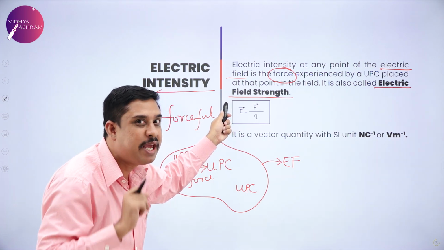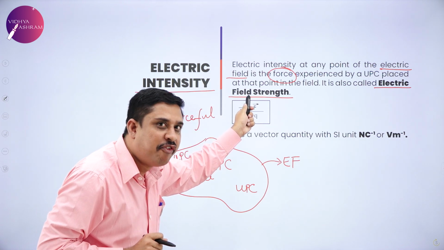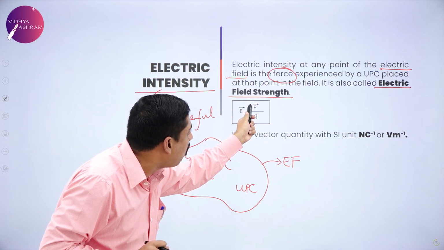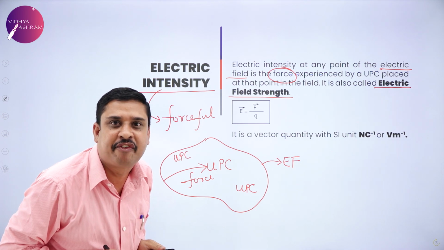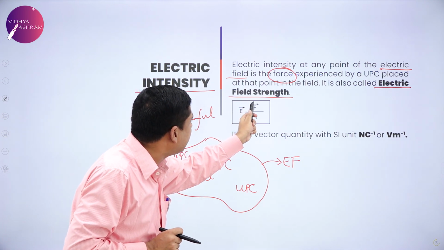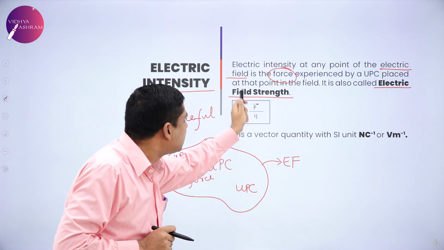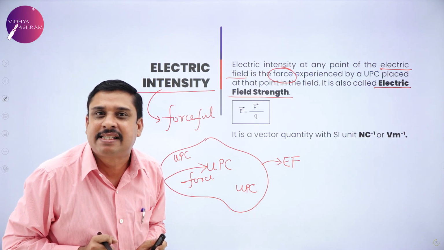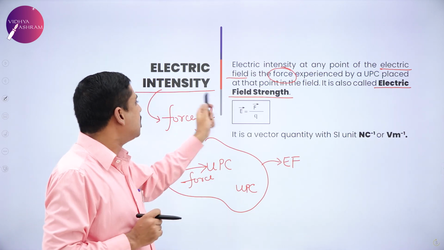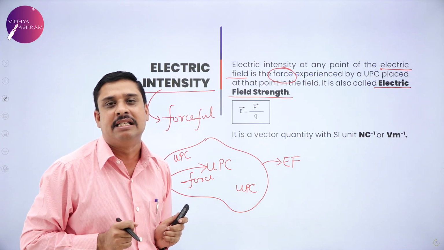So it has to be a vector. So vector E is the force acting on the charge which is placed in the electric field. So it is vector F divided by Q. Force acting on the charge placed in the electric field is what we define as electric intensity.